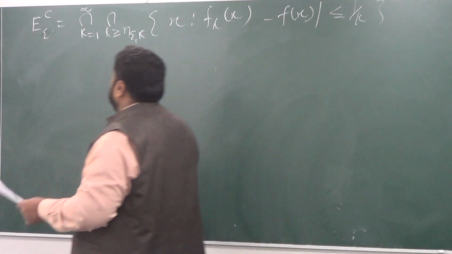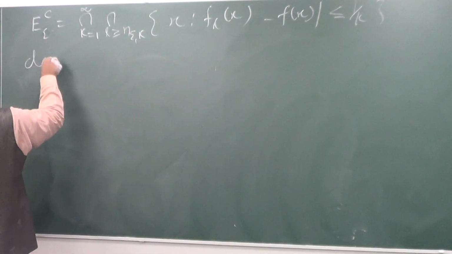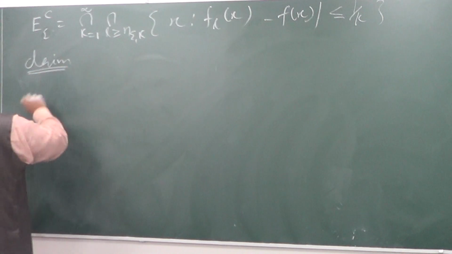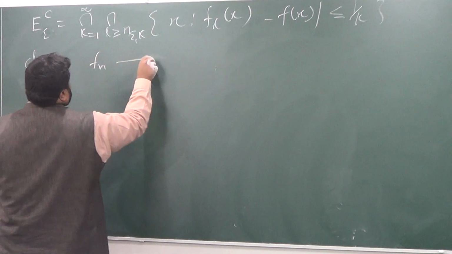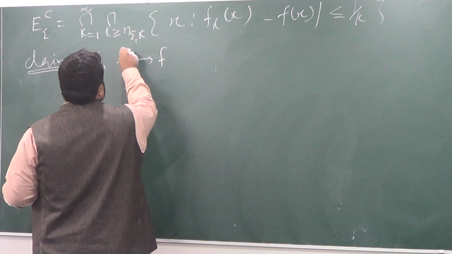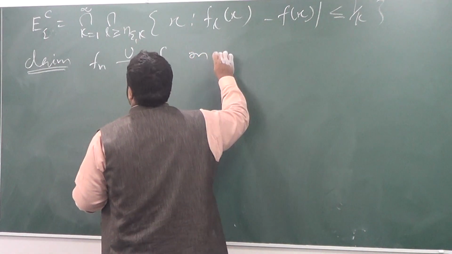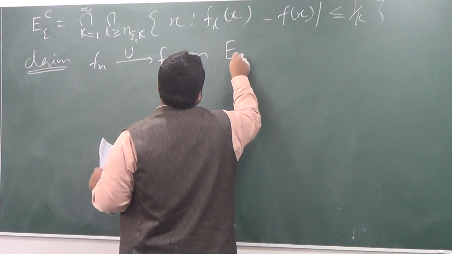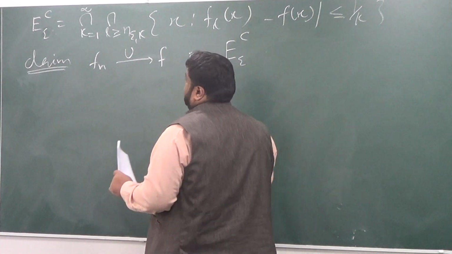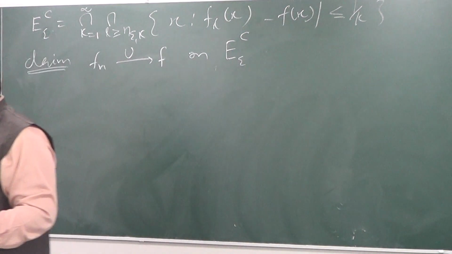So the claim is that f_n converges to f uniformly on this set E epsilon complement.